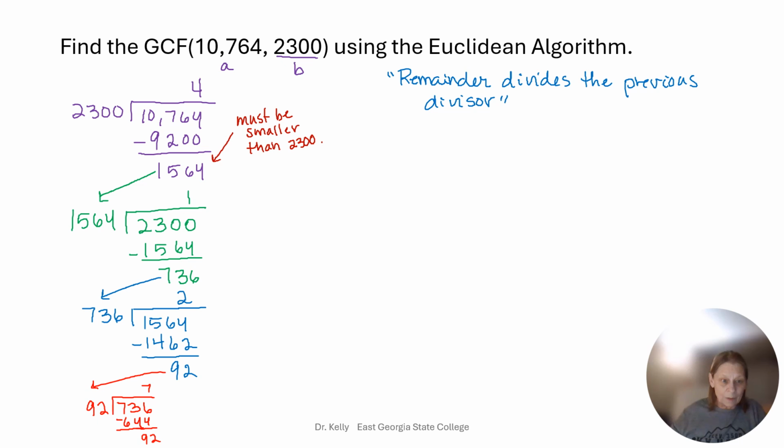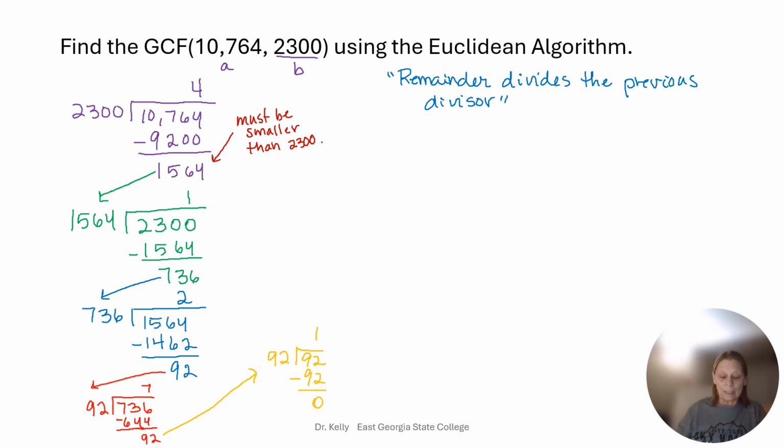Now that 92 is going to divide into that 92 one time with a 0 remainder.